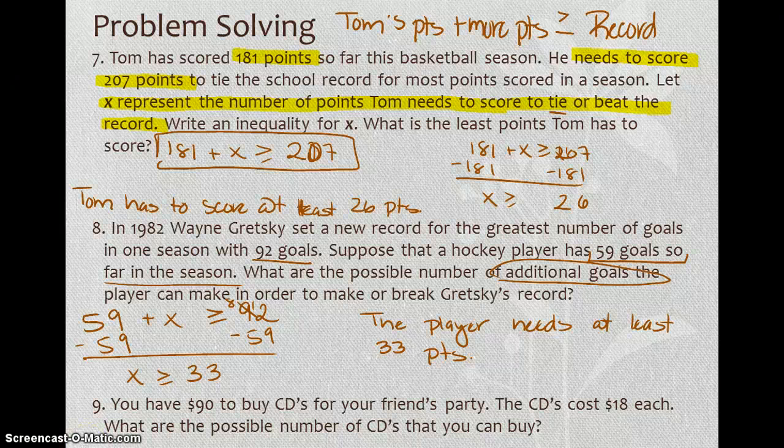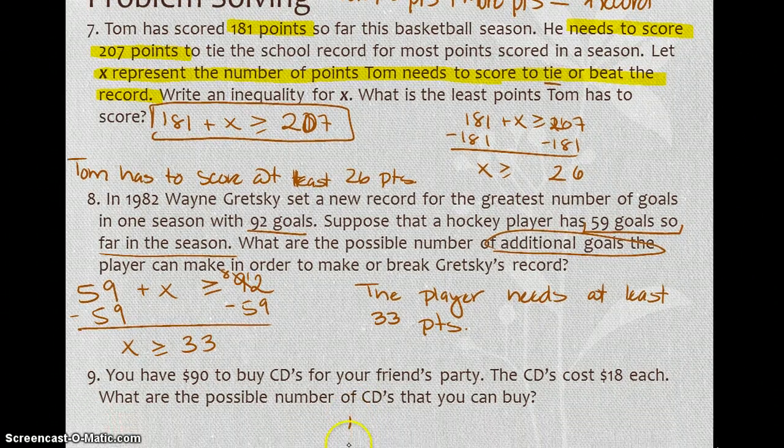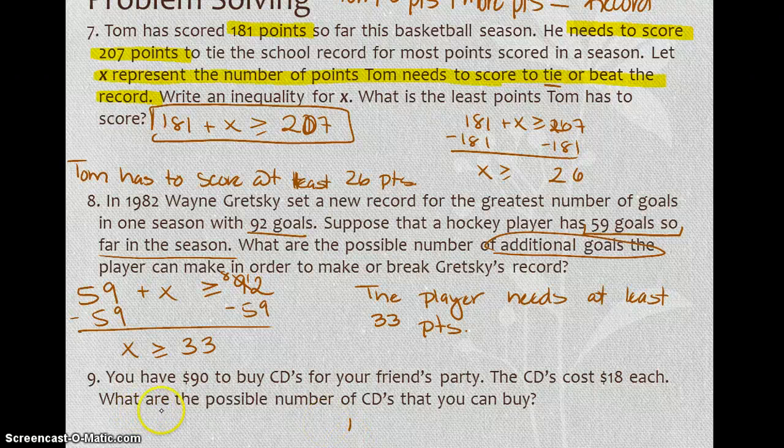And now for number 9, you have $90 to buy CDs for your friend's party. It's wonderful that you're going to be the DJ for her or him. What are the possible number of CDs that you can buy? They tell you that the CDs cost $18 each, and so x for us is going to equal the number of CDs.